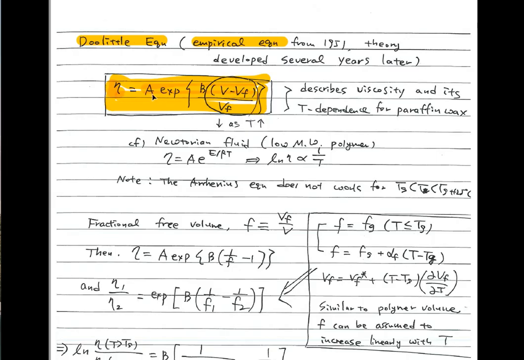It's A times exponential of some constant B times V minus Vf over Vf. So he did a lot of experiments using paraffin wax and changing the temperature, because by changing the temperature he can change the free volume. And he found the relation between free volume over the polymer volume and the viscosity.